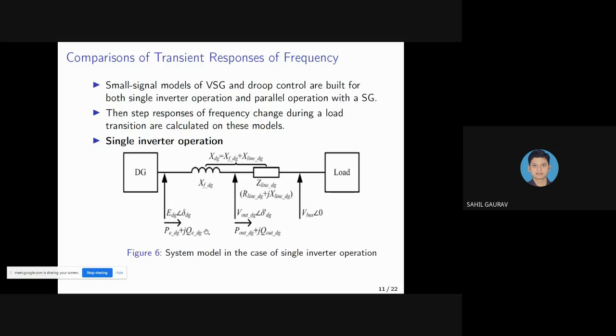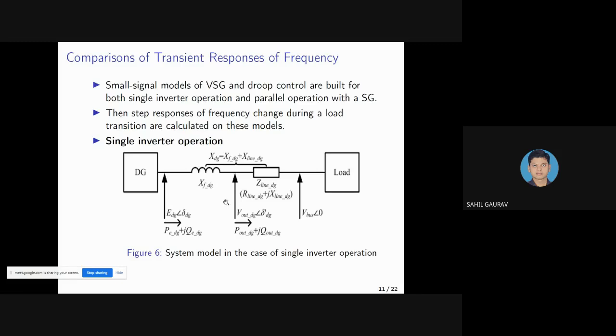And this is the output filter, in which only the inductor is considered. The capacitor of the output filter is usually neglected because the susceptance of this capacitor is negligible at the fundamental frequency.